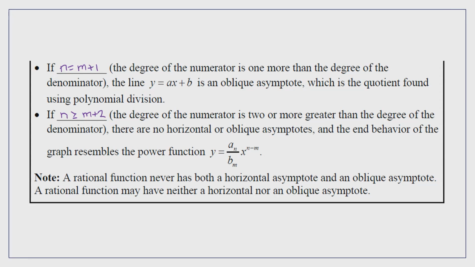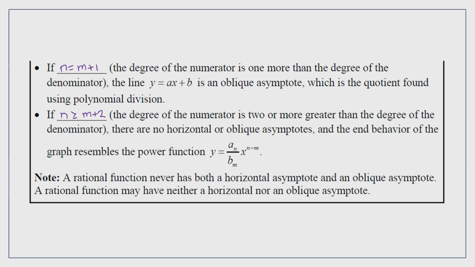Okay, and the end behavior of the graph resembles the power function, where y equals the ratio of the leading coefficients times x to the power n minus m. Okay, note that a rational function never has both a horizontal asymptote and an oblique asymptote. A rational function may have neither a horizontal nor an oblique asymptote, but it can't have both.